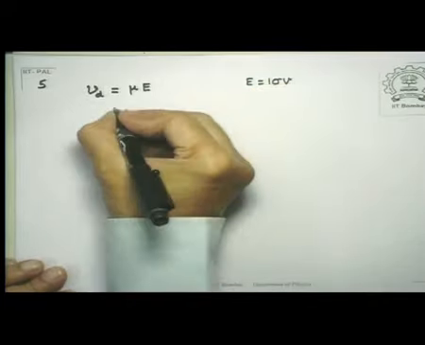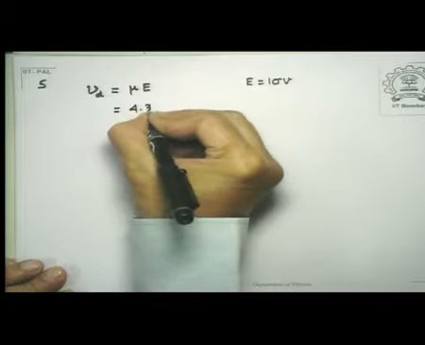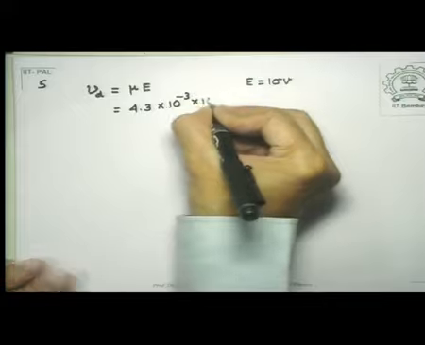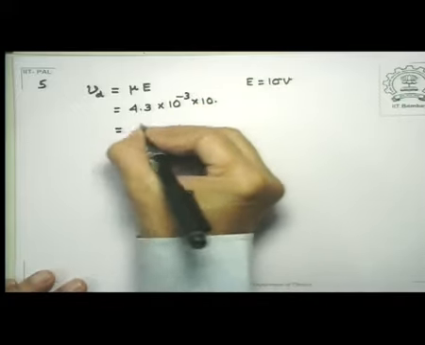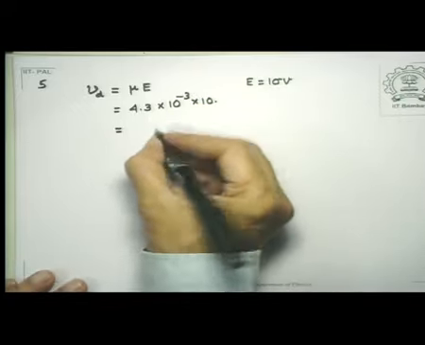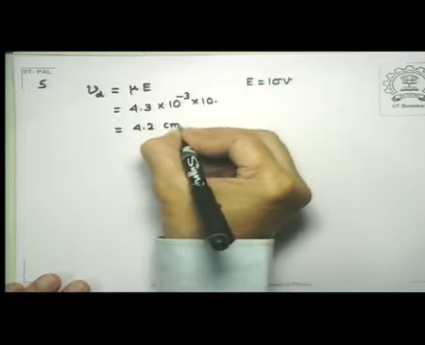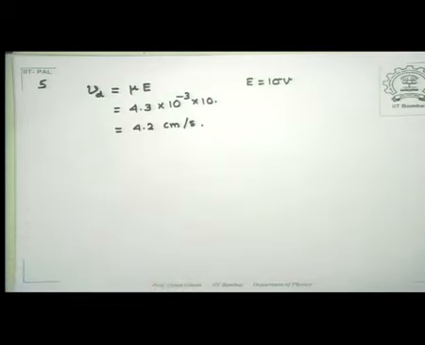I just now calculated mu to be equal to 4.3 into 10 to minus 3 into 10. So that gives you 4.3 into 10 to minus 2, or in other words 4.2 centimeter per second, consistently giving us small number for drift velocity.